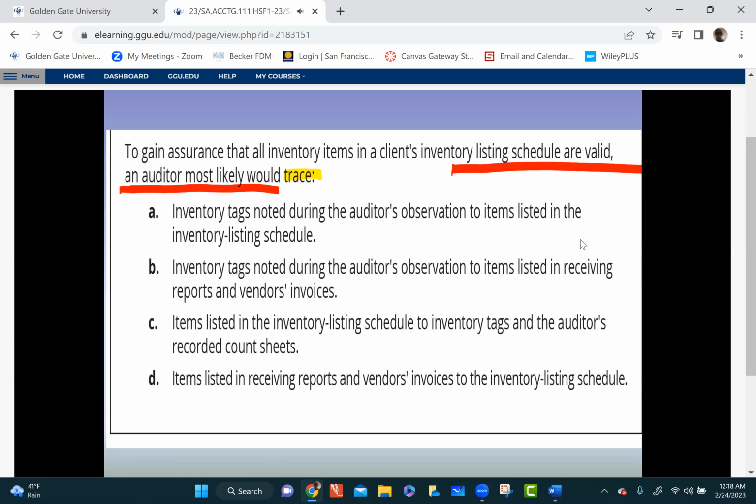It says we're trying to see if they're valid, so I guess that was the thing that confused me. You want to make sure that the inventory actually is there. If something is listed on the inventory sheet, is it a valid item? Is it really there? Does it exist?